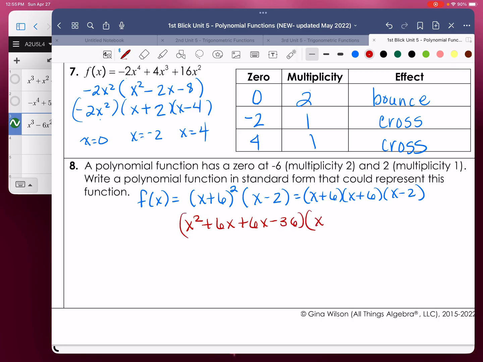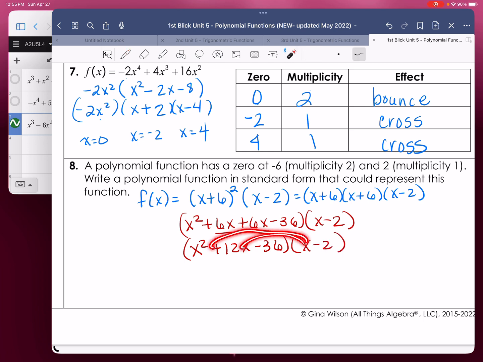and that's going to be x minus 2. All right, next we're going to combine those two terms. So I have x squared plus 12x plus 36 times x minus 2. All right, now I've got to distribute this into here, or you can distribute whichever way you want to. I just usually distribute the smaller number of terms into the bigger one.